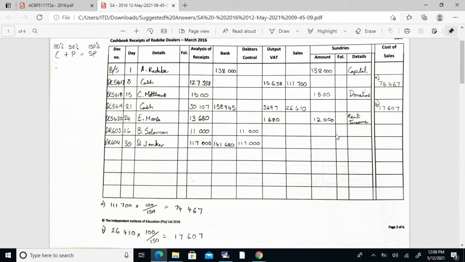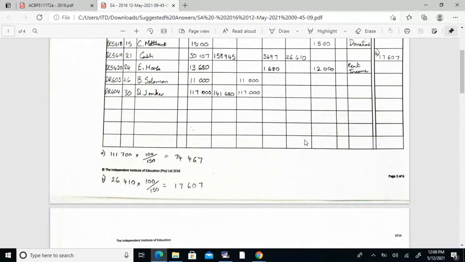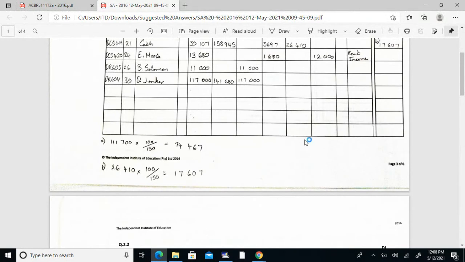And that's how we got the amount and the analysis of receipt. We also know that since it's the 30th, we deposited money on that day, okay? And therefore, we are gonna put an amount in the bank. Not just of the money we received on the 30th, but the money we received after the 21st to the 30th as well, okay?